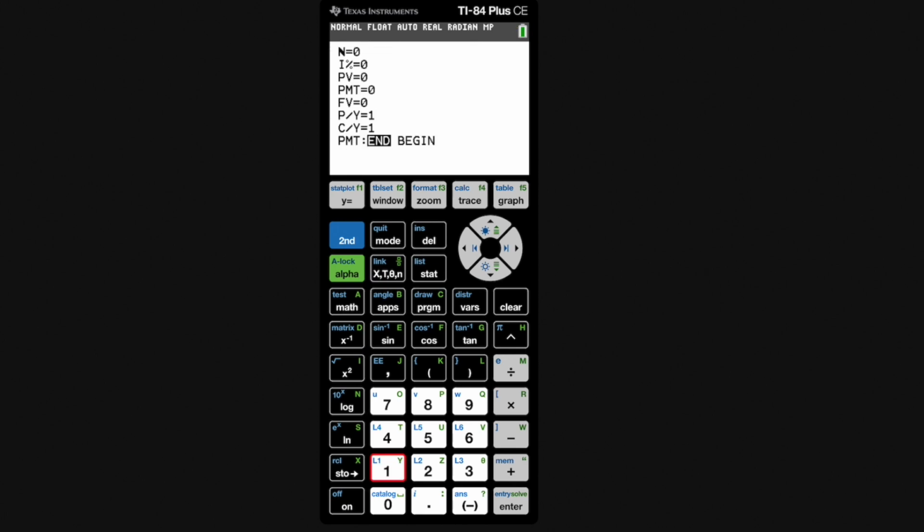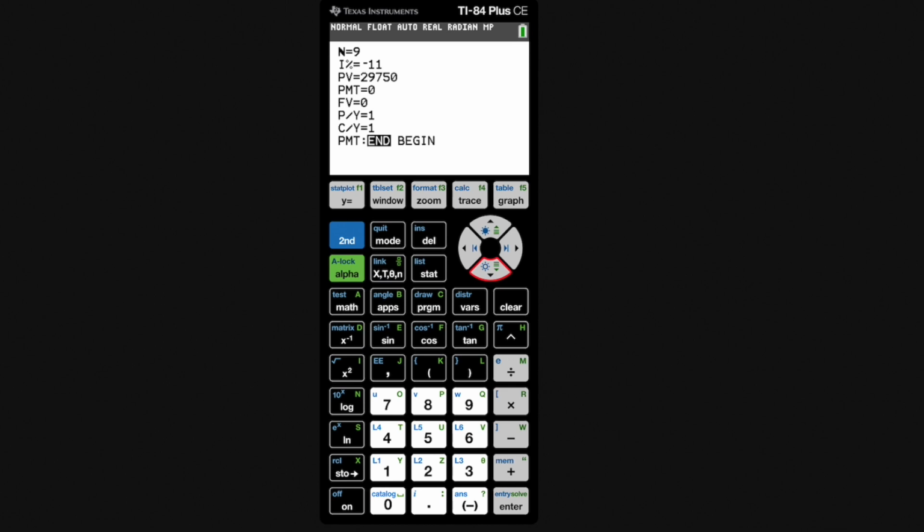Then for N, we substitute 9. For I percent, which is the interest, we substitute negative 11. For the present value, we substitute 29,750. Okay. PMT, we leave as 0. Future value, we leave as 0.